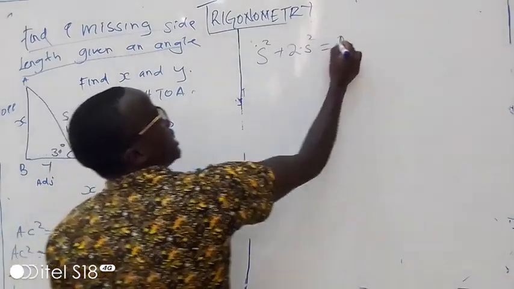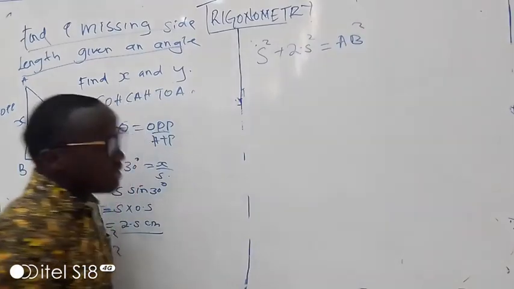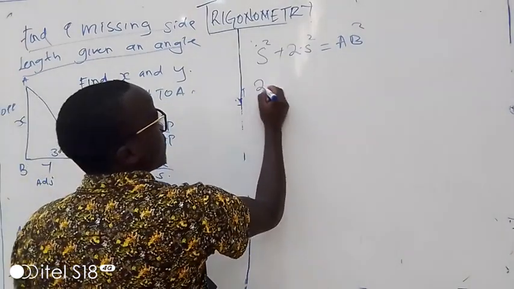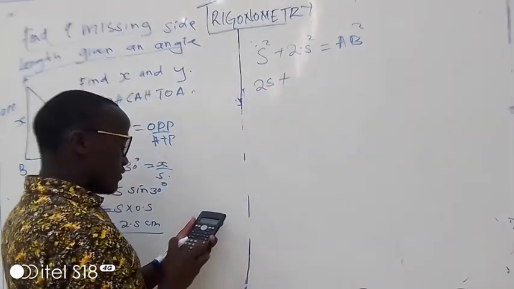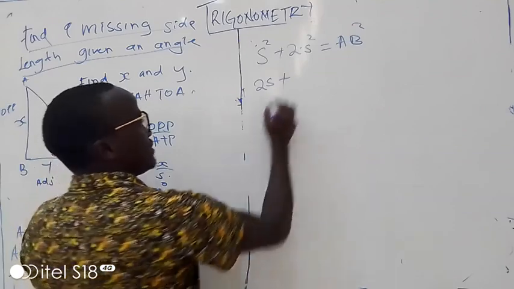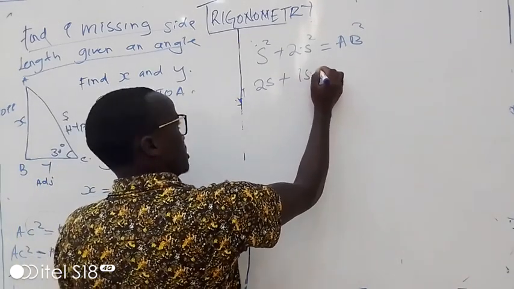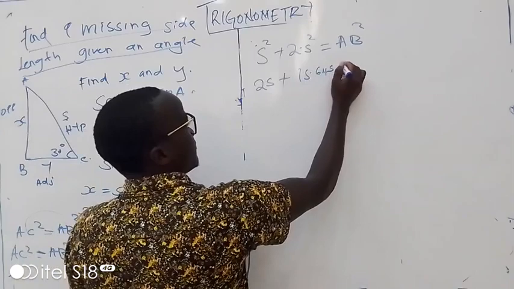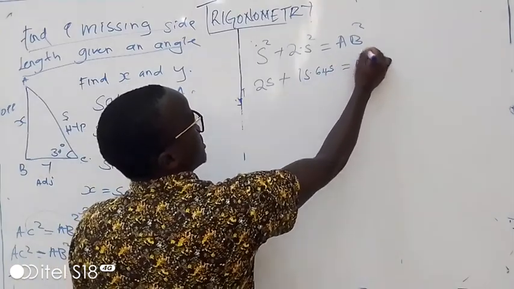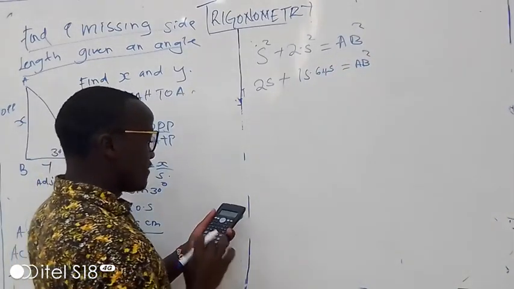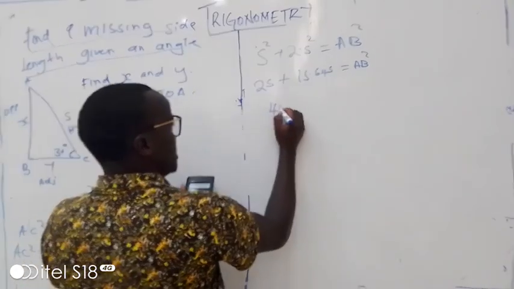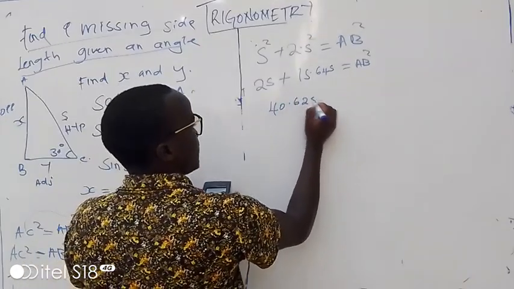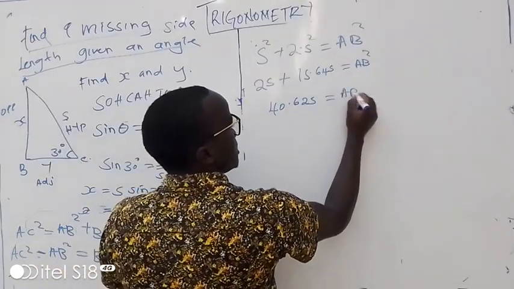Now 5 squared is 25, and 2.5 squared is 6.25, so we have 18.75 for BC squared.